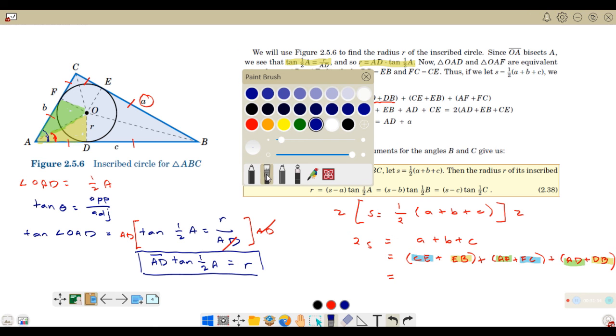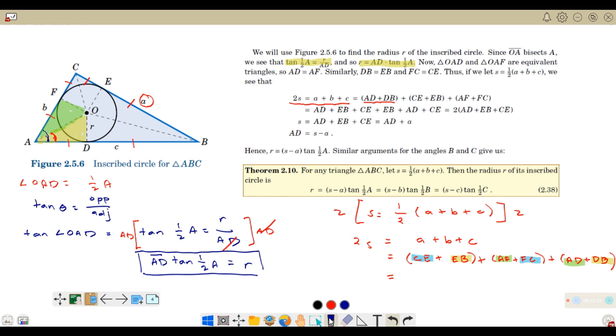So, tatanggalin na natin yung ibang mga notations na ginagamit natin using substitution property of equality. So, we are going to substitute AD for AF. Next, we are going to substitute EB for DB. And finally, we have CE for FC.